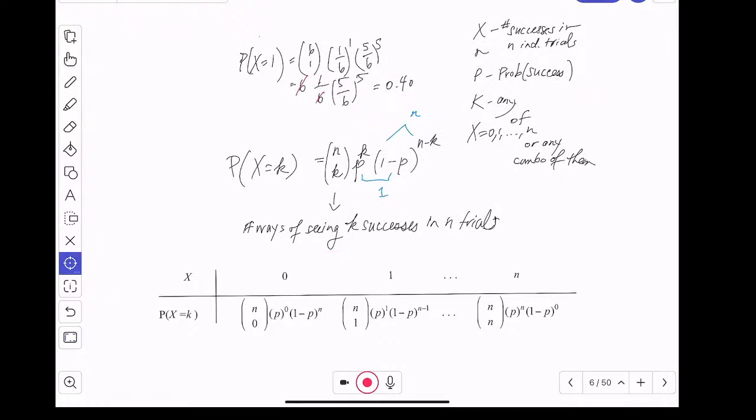So we made the general formula, and then you see it here when x is 0, or k is 0, right? When k is 0, this becomes a 0, this becomes a 0. So no successes means all of them are failures, so n failures. Well, what is n? N is the independent trials.